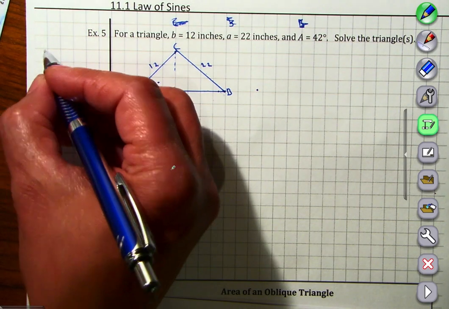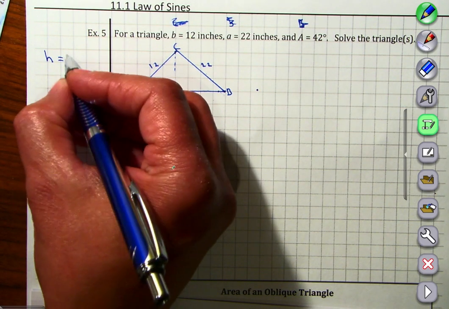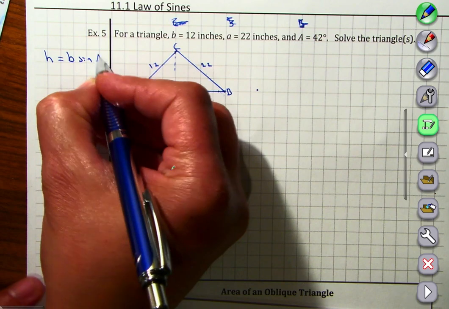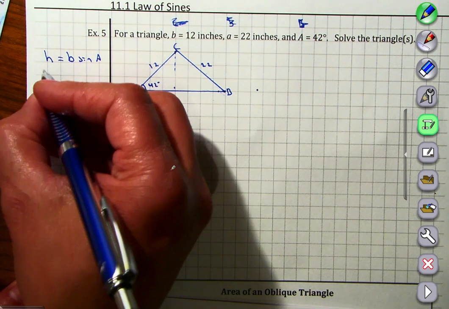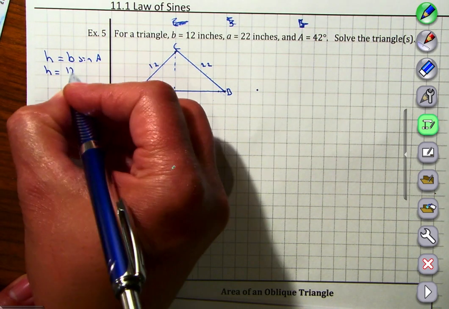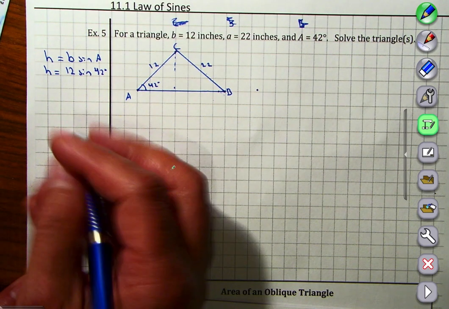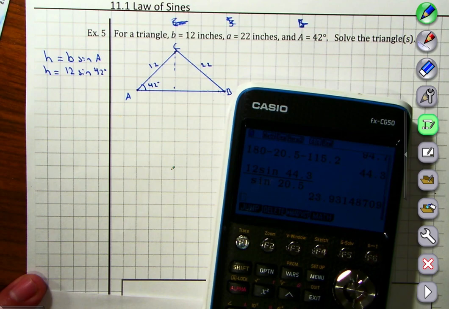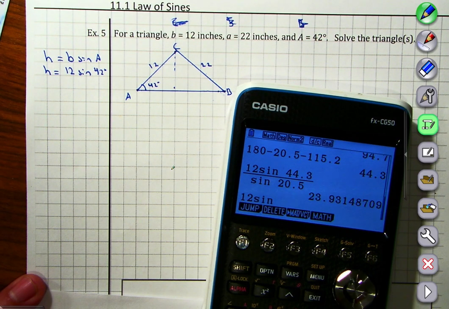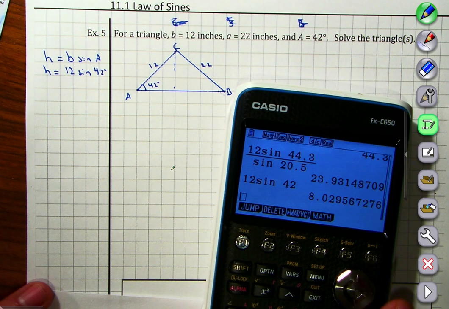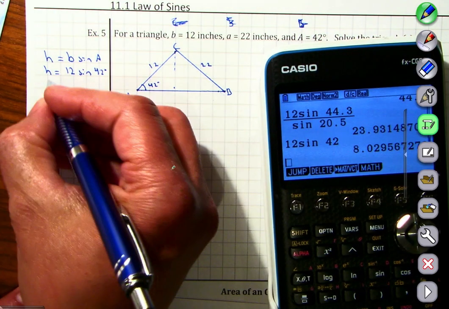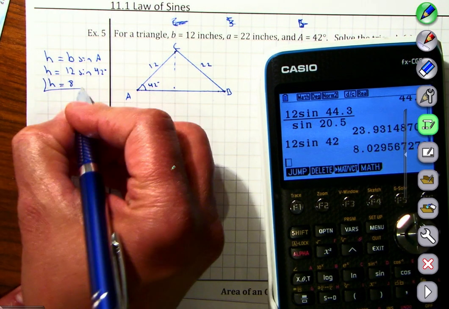So in this case we're going to find the height, h equals b sine A, where b is 12 and A is 42 degrees. I'm going to type into the calculator 12 times the sine of 42. That gives me 8. H is equal to 8.